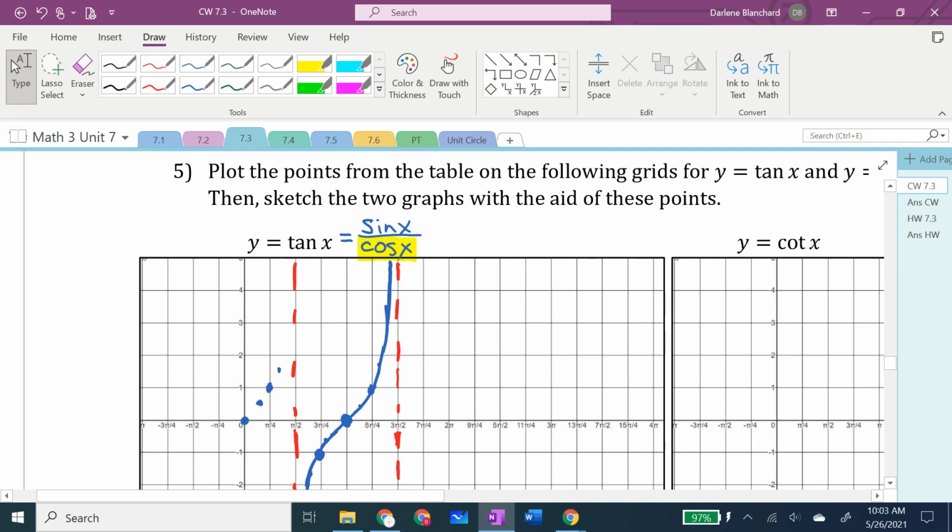So what I'm going to recommend for your future remembering is, when you need to graph tangent, first remember that it's sine divided by cosine. And then remember with your rational functions that you get vertical asymptotes when the denominator is 0.